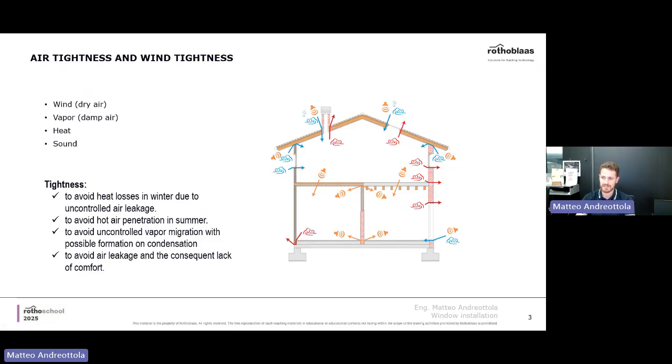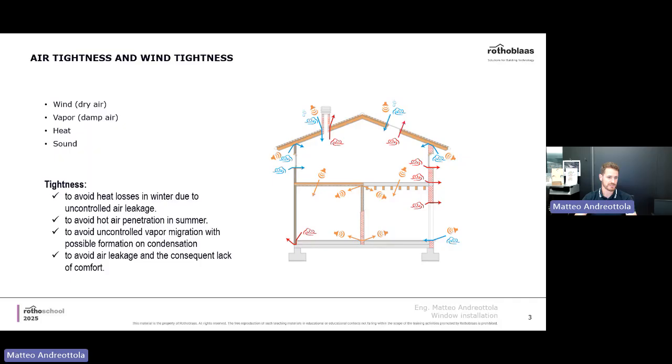We will start a little bit by introducing what airtightness and waterproofing are. It is actually, in my opinion, very easy to understand why it's important to waterproof buildings, because it's easy to understand that water can damage your structure.